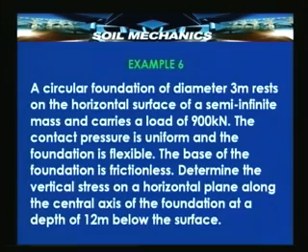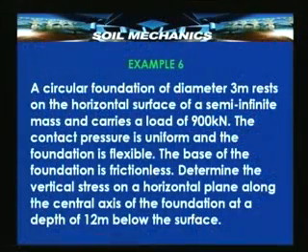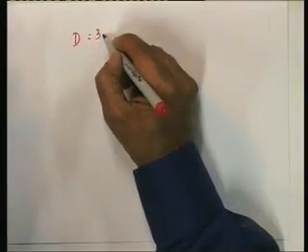Let us take the example of a circular loaded area and see how to compute these stresses. The statement of the problem is a circular foundation of diameter 3 meters.